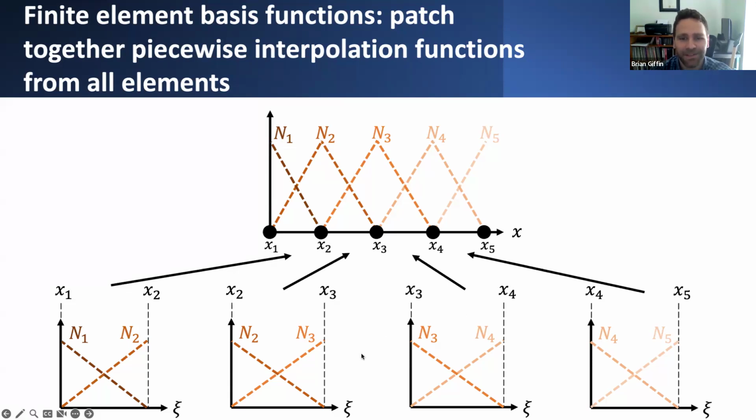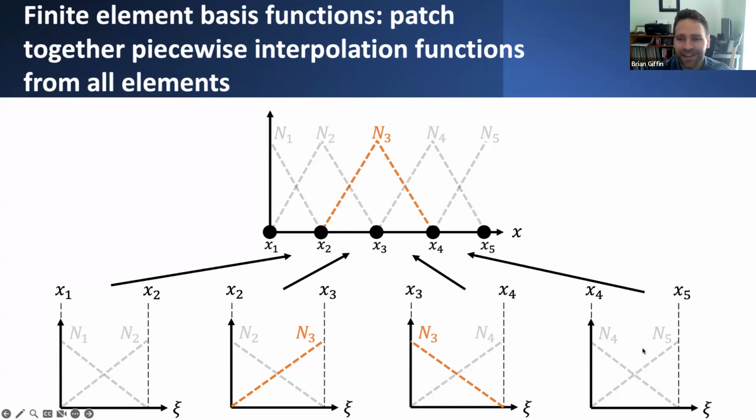And if I take a look at maybe just one of these basis functions, let's say n3, I guess I should say this is not a shape function anymore. This is the basis function associated with node 3, such that it's only non-zero over the adjacent elements to which that particular node 3 is attached.